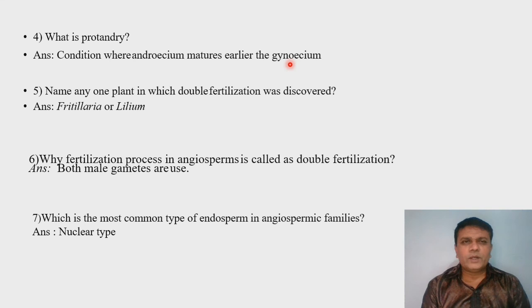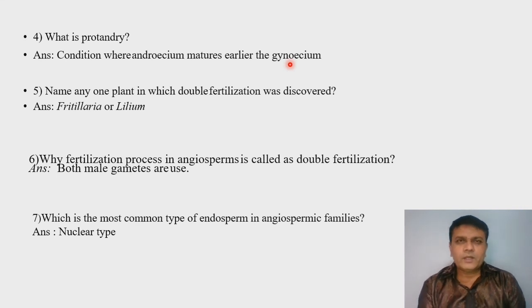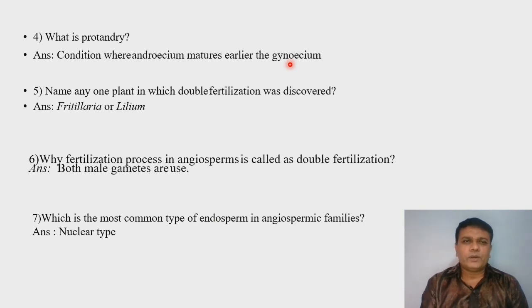So in the flowers where androecium matures earlier than the gynoecium, then the pollen grains in such flower have to find another stigma or another gynoecium. So such condition is developed in the flowers to prevent self-pollination and to carry cross-pollination. Such condition or the protoandry is found in the flowers called as disc florets in sunflower.